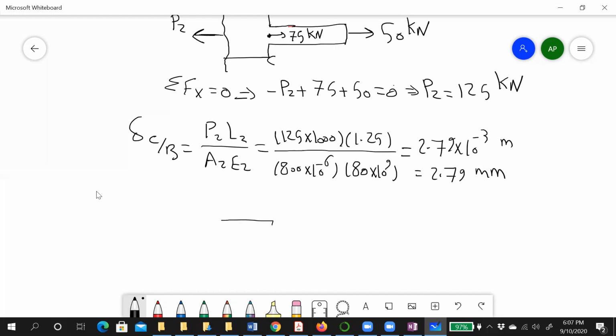So we have this here, and this there. This is point B, point C. This is 75. This is 100 kilonewton, 75 kilonewton.